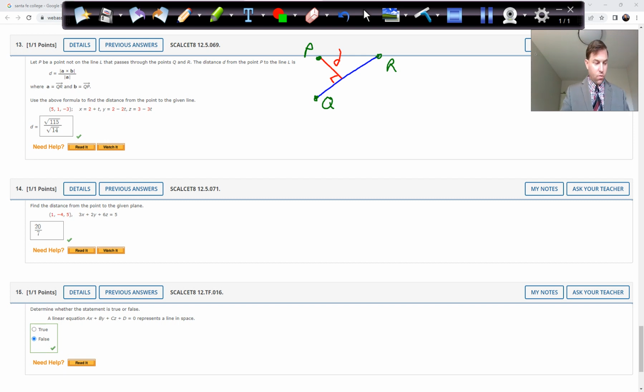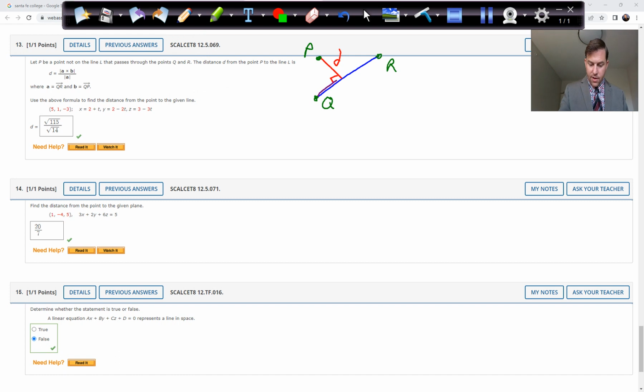Okay, so what we have to do is find 2 vectors.